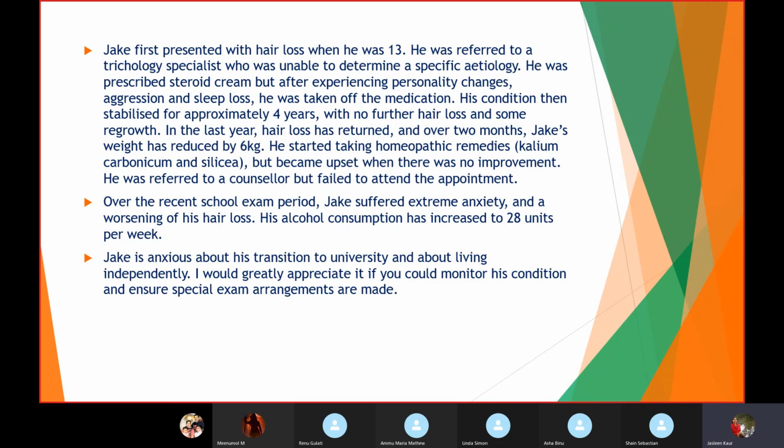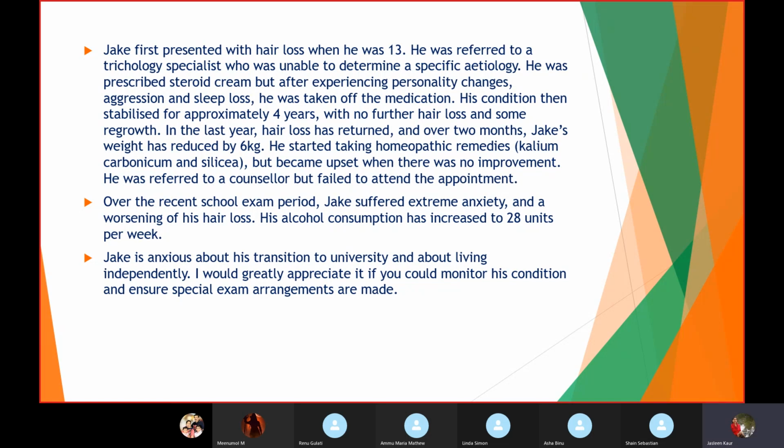So I need to tell that initially he presented to me when he was 13 years old, and he was referred, he did this, he applied cream, however there was no improvement, and he started taking homeopathy and got these problems. Now this paragraph gives me the answer why he requires monitoring.